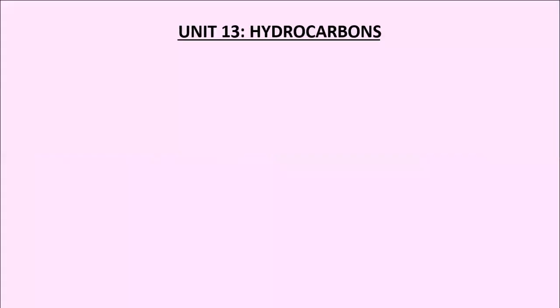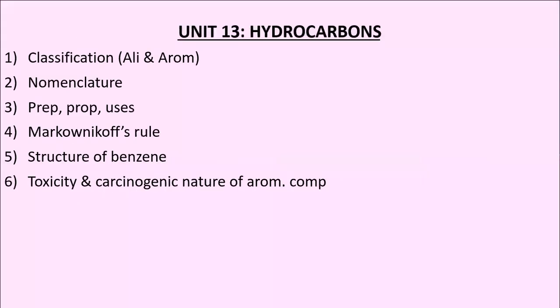Next we'll move on to hydrocarbons. Under this unit we are going to discuss the classification into aliphatic and aromatic, and next comes their nomenclature, how these compounds are named by means of IUPAC and common name. Then next comes their preparation, properties and uses.